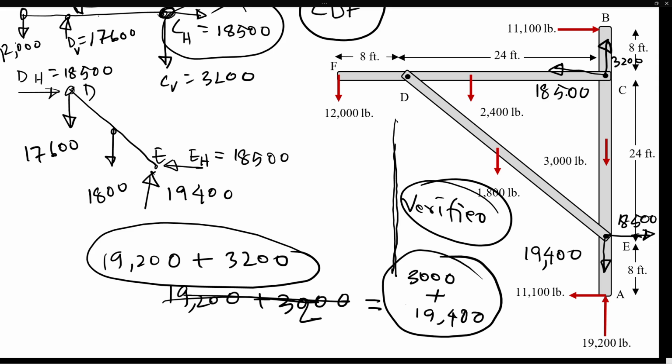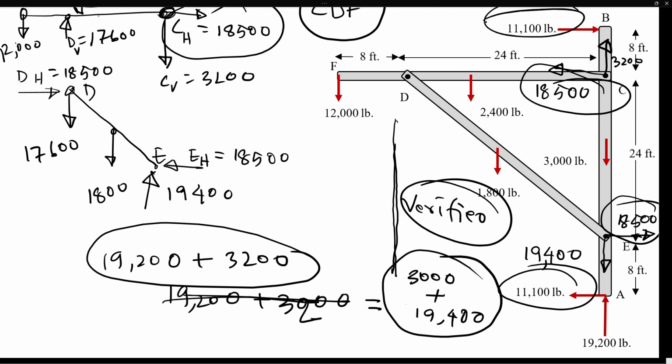You can also verify that you have 18,500 to the left, 18,500 to the right, and also that 11,100, 11,100. So if you do all this calculation correctly, you should be able to verify using the final member of the frame.